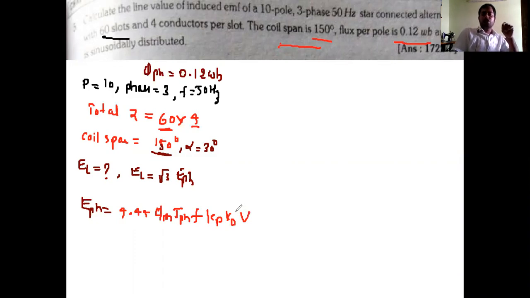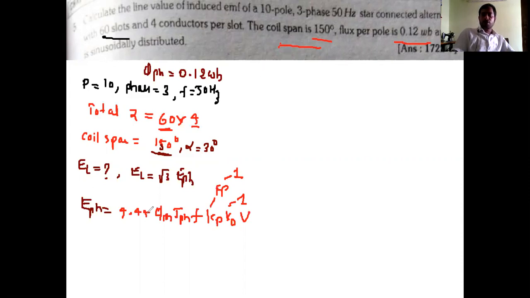Unless mentioned in the question, Kp and Kd values need to be calculated. If the question says full pitched winding, take Kp equal to 1. If it is concentrated winding, take Kd equal to 1. Otherwise, you need to solve for those values.